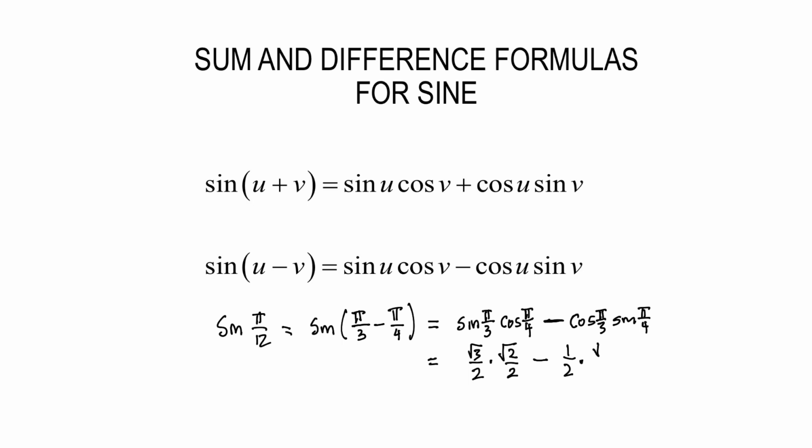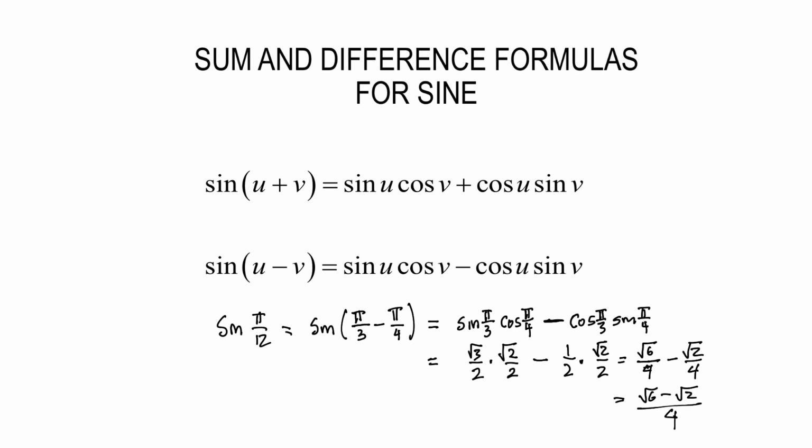Sine of pi over 4 is root 2 over 2. So we end up here with root 6 over 4 minus root 2 over 4. And so that gives me the root of 6 minus the root of 2, over 4.